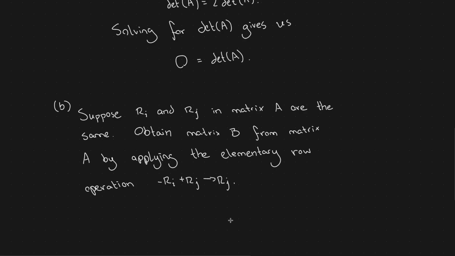Then what's matrix B look like? Well, if row I and row J were the same in matrix A, and I just took row J and subtracted row I, that means the new row J in the new matrix B should be a row of zeros.